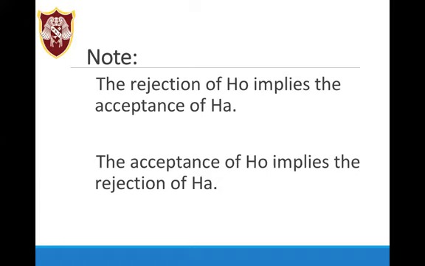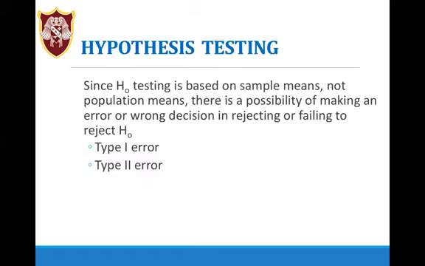Take note that the rejection of the null hypothesis implies the acceptance of its alternative, and the acceptance of the null hypothesis implies the rejection of the alternative hypothesis. Since null hypothesis testing is based on sample means and not the population means, there is a possibility of making an error or wrong decision in rejecting or failing to reject the null hypothesis.